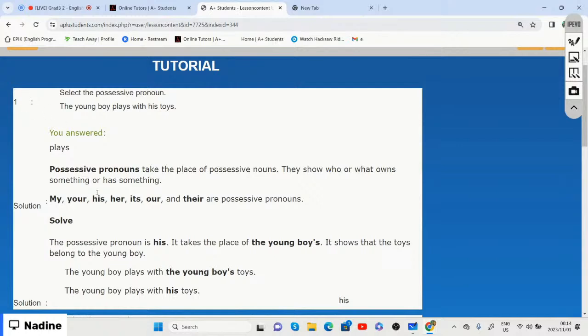And an example is, it says the young boy plays with his toys. So now here, the first activity says the young boy plays with his toys. And here they're saying the possessive pronoun is his.